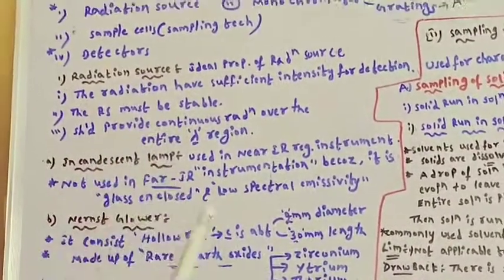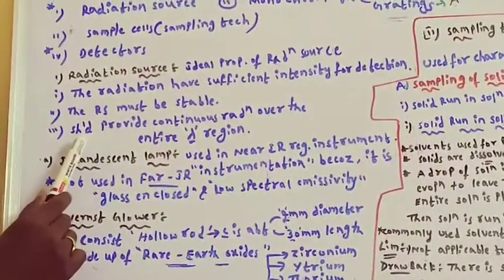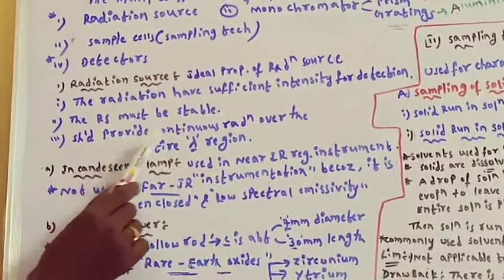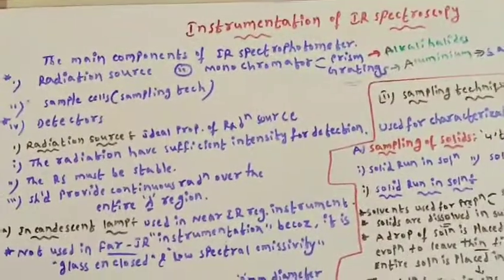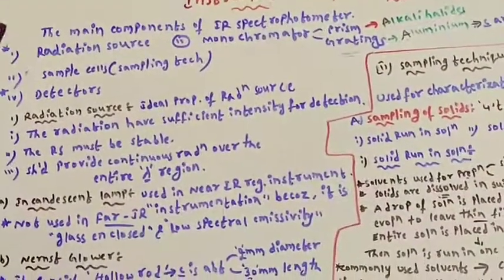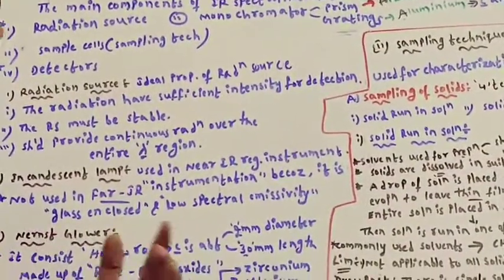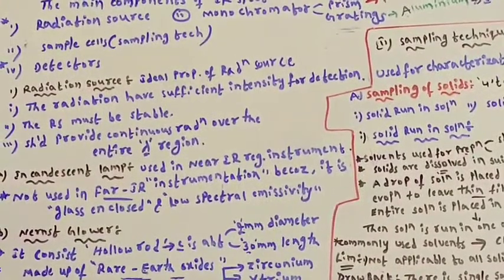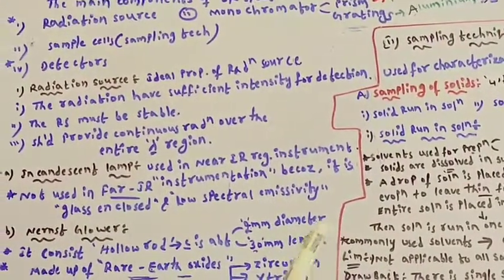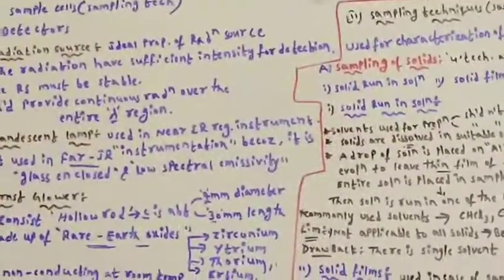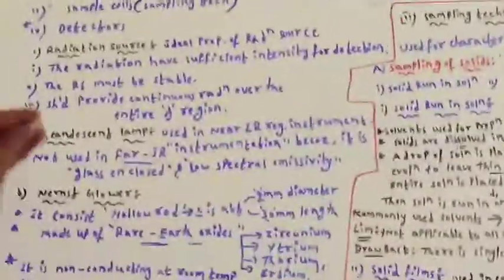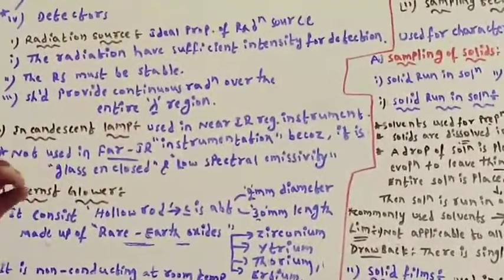Third, it should provide continuous radiation over the entire wavelength region. Here we have near, mid and far IR regions, and the radiation source must be able to provide radiation over the entire wavelength region we are going to use for analysis.